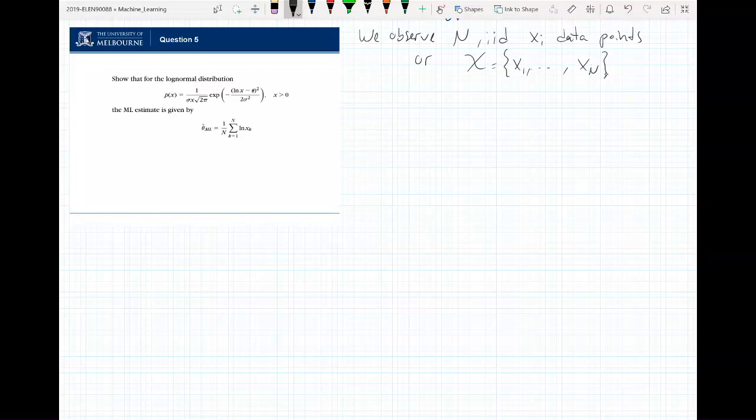So we observe these data points, and x is a scalar. So as you can see, each xi is a scalar, an element of R for all i.